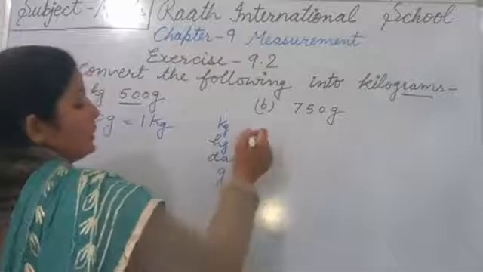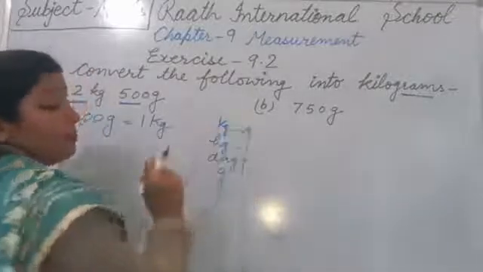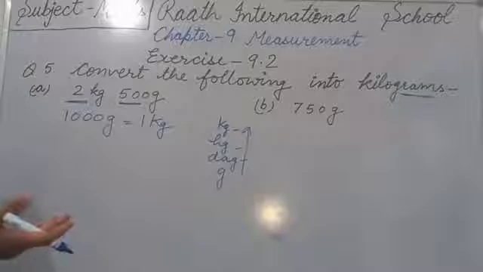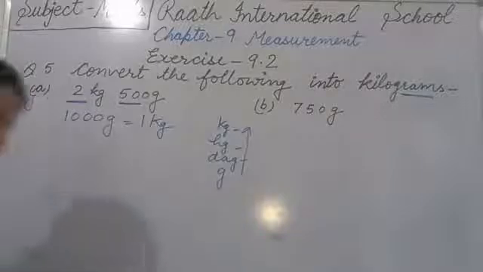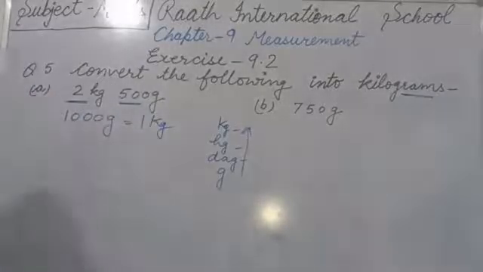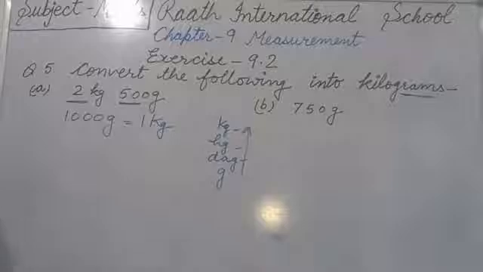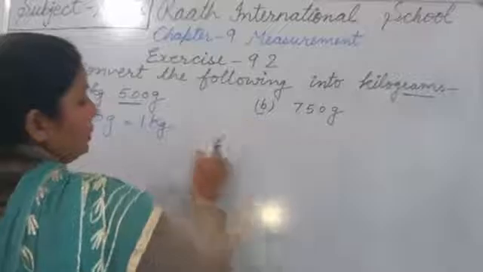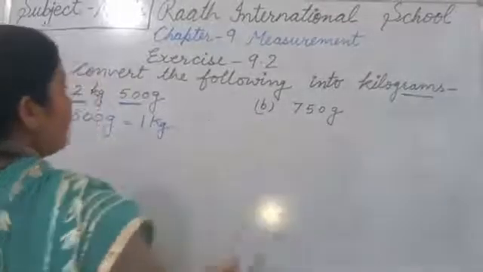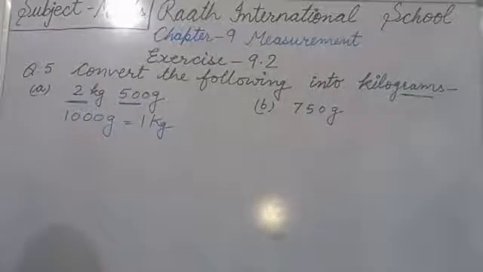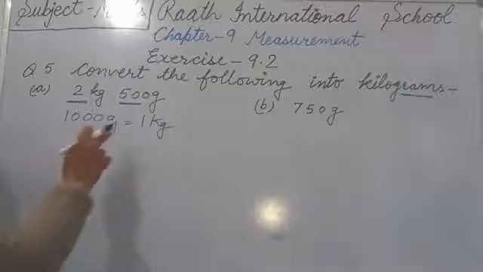So 3 times higher. 1, 2, 3. So 3 times up means we have the relationship of 1000. Okay? If we have 2 times up, so relationship of 100. If 1 time up, then 10, and 3 times up means 1000. Okay? So now we will do it. Here is 1000 gram equals to 1 kg.